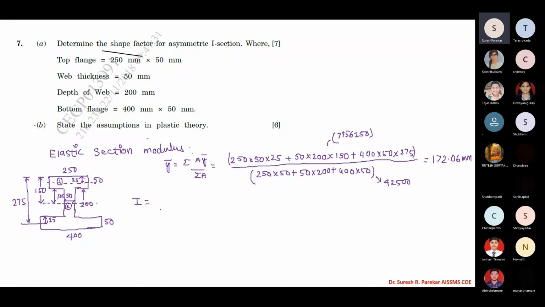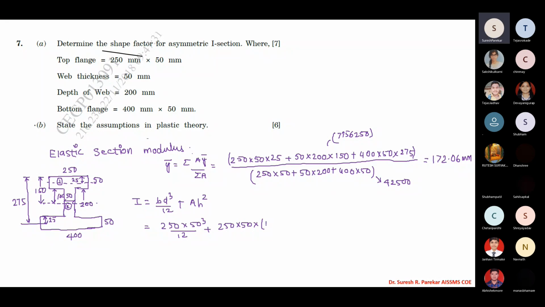So we have I equal to BD cube by 12 plus A into H square. Now we will go for first. So we have first 250 by 50, so BD cube by 12 plus A into H square. So A we have 250 into 50 and H we have y bar minus y1.